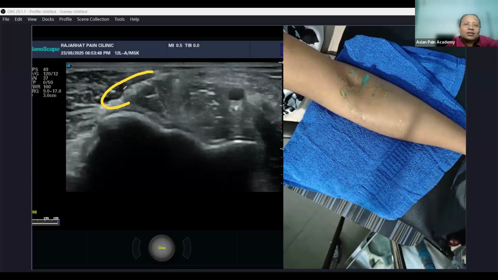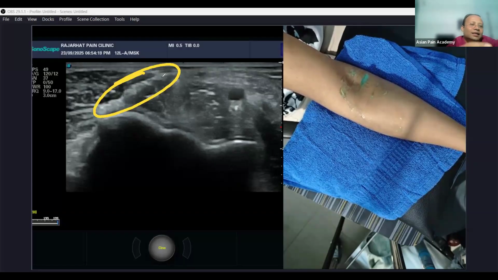No, it is normal, because at the elbow you cannot make it completely extended sometimes, and anisotropy is common in the elbow. I can remove the anisotropy of one part, but then anisotropy will come in another part. But in elbow ultrasound, most of the time you will see anisotropy. Okay, this part is now our point of concern. We will see the radial nerve here and also the associated recurrent radial artery and vein.